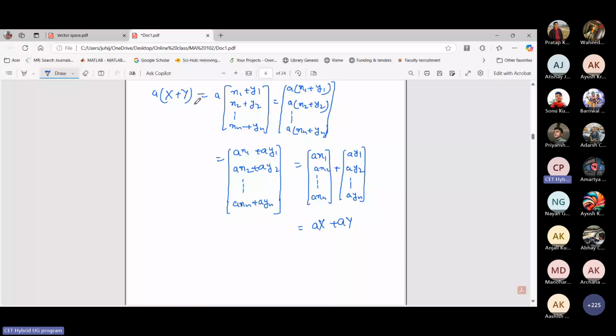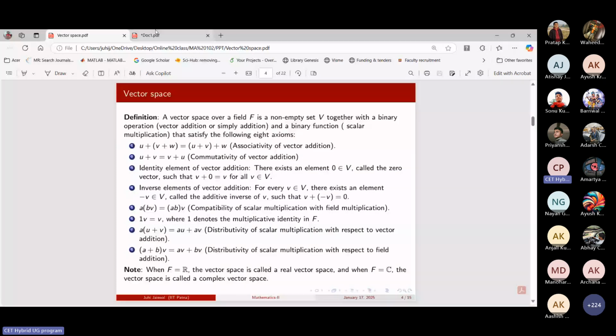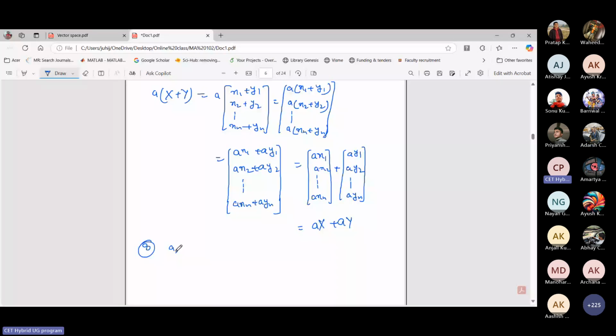Now let us go with the next one. Distributivity of scalar multiplication with respect to vector field addition. If A and B are two members of R and X is any member of V, then A plus B into X is equal to what?